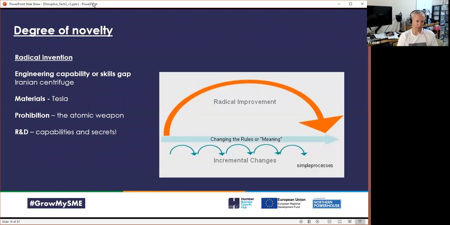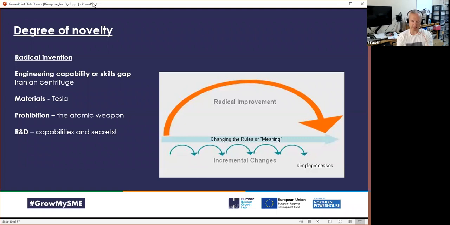And I've got some examples here on this slide. It could be that you just don't have the skills or capabilities to achieve this radical improvement. Thinking about the Iranian centrifuge and their ambitions to enrich uranium. It could be you don't have sufficient material supply.